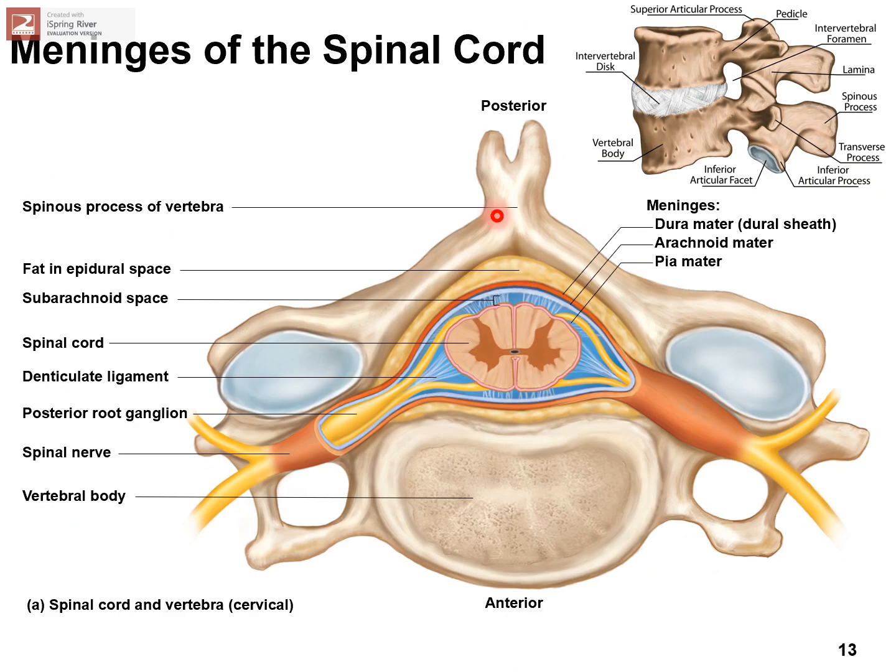So this is the posterior aspect of the spinal cord, and this becomes the anterior aspect of the spinal cord. The area in between the dura mater in orange and the wall of the vertebrae is called the epidural space. The epidural space is filled with fat for additional protection, and it also contains small blood vessels.